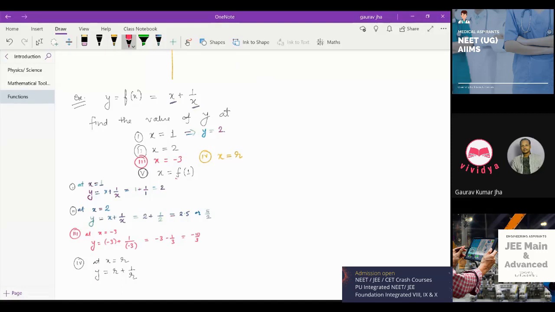So first we'll see what is f of 1. F of x is x plus 1 by x, right? Then what will be the meaning of f of 1? First we have to find out. So f of 1 would mean 1 plus 1 by 1, and that's 2, right? What we want is the value of y at x is equal to f of 1.